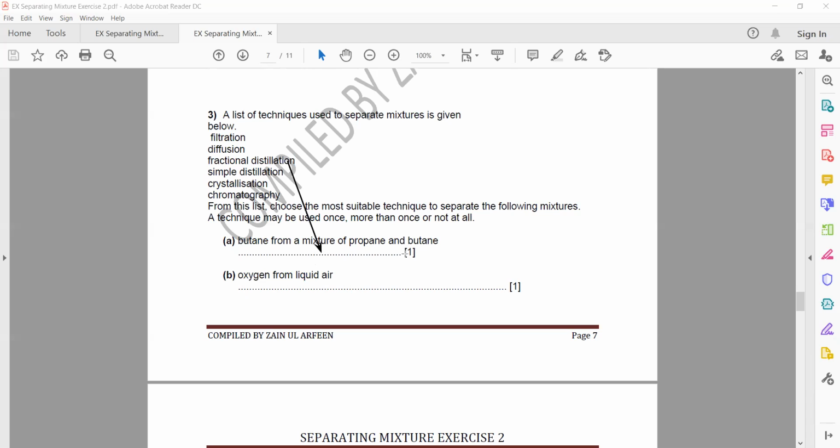Oxygen from liquid air. Fractional distillation can be used or diffusion can be used, but the most suitable is fractional distillation.